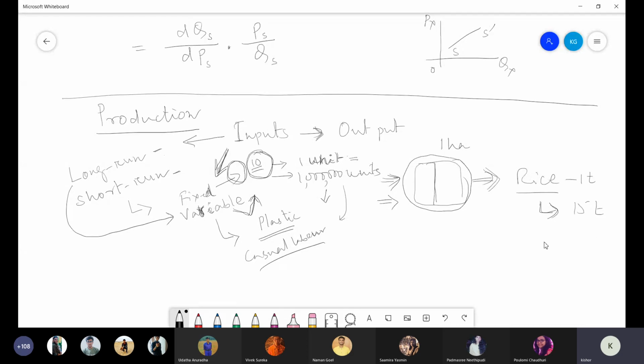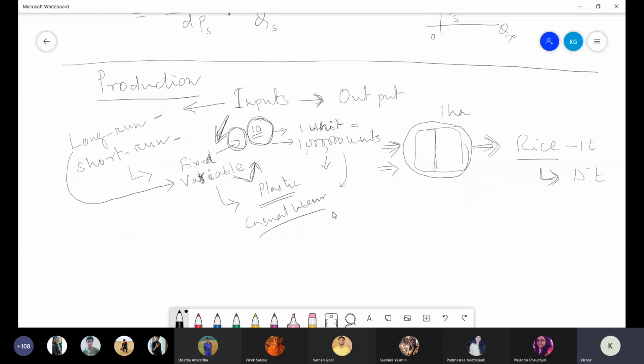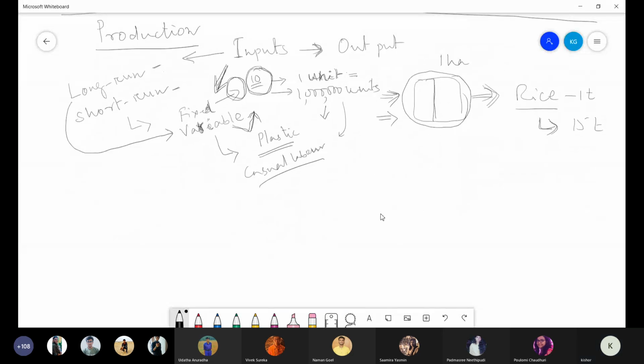So accordingly, if I consider that you are producing a particular product, Q represents the quantity produced, say rice or pen, number of units, which will be a function of so many inputs like labor, capital, land, building. But in real life we consider n number of factors because we are using computer software.